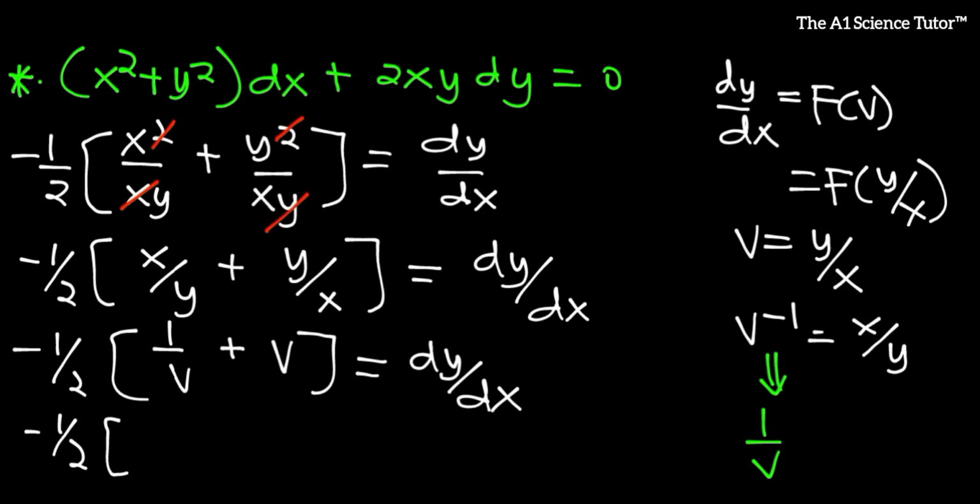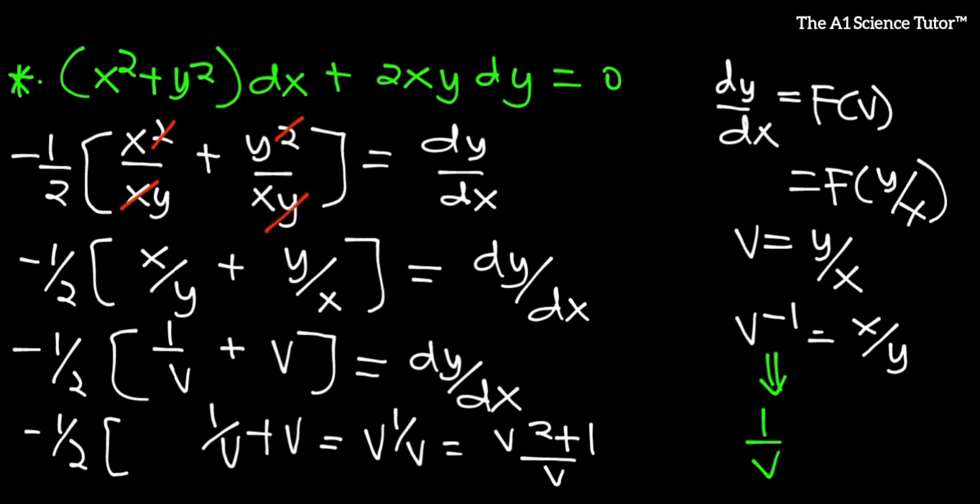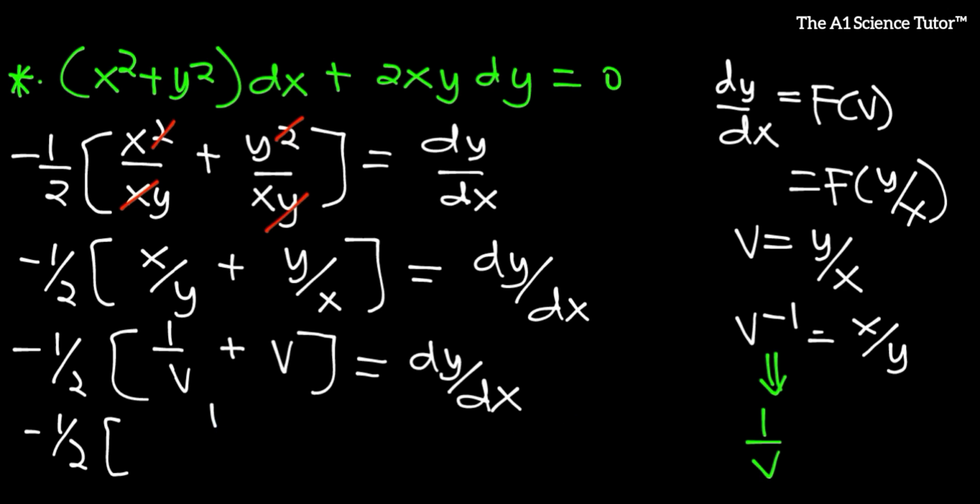If I had 1 over v plus v, that is basically going to be v whole number plus 1 over v. So this should be v squared plus 1 over v. That is what should be there.